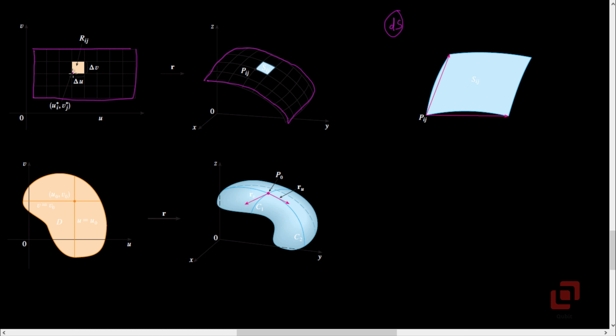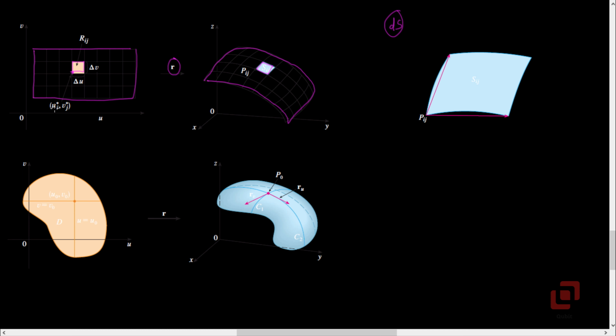We pick one specific patch in the UV plane with one of its vertices being ui star and vj star. We denote the dimensions of this box by delta u and delta v. If we now consider the image of this pixel under the transformation r bar, then we will get the corresponding surface area on the surface, which is shown in the sky blue color here.